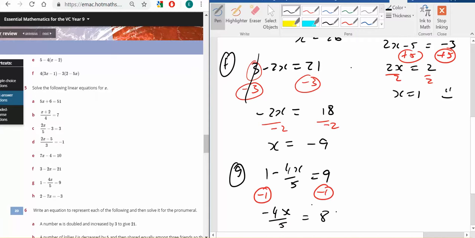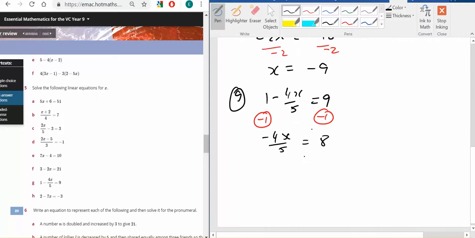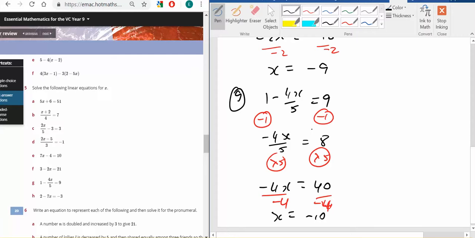I'm going to then times both sides by 5. So 5 times 8 is 40. Divide both sides by negative 4. So you get x equals negative 10, because 40 divided by negative 4 should give you negative 10.